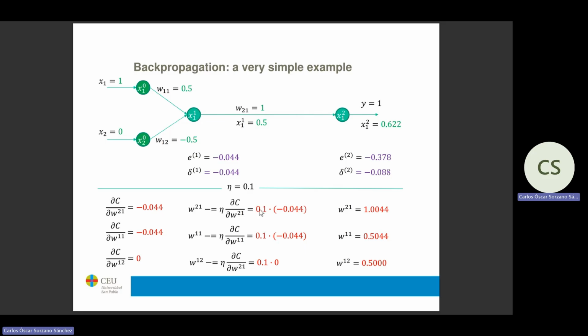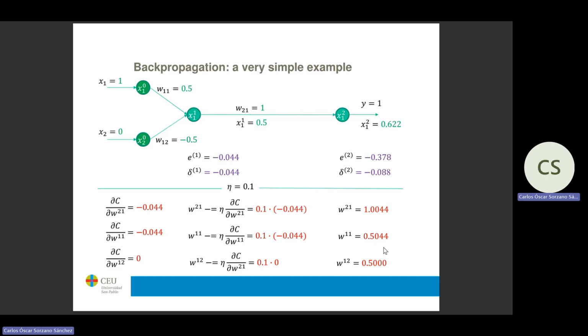So it will be 0.1 times the derivative, 0.1 times the derivative, and so on. And then these are the new weights. So the previous weights, this was 1, now it will be 1.0044. The other one, this one was 0.5, and now 0.5044. So it changes a little bit.